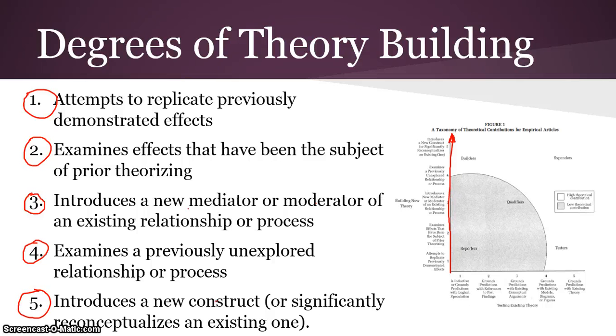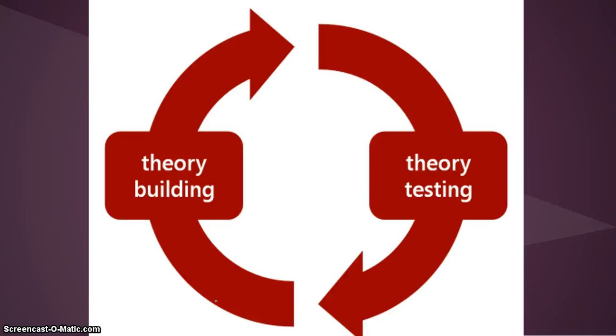So we have 4 ways of building theory, and we have 5 ways of talking about the degree to which research builds theory. I want us to recognize that theory building and theory testing shouldn't be at polar opposite ends of the theory spectrum.